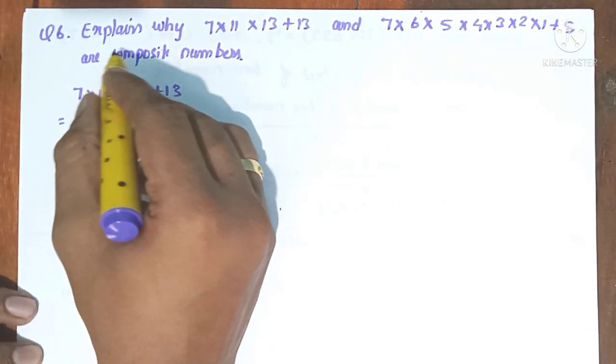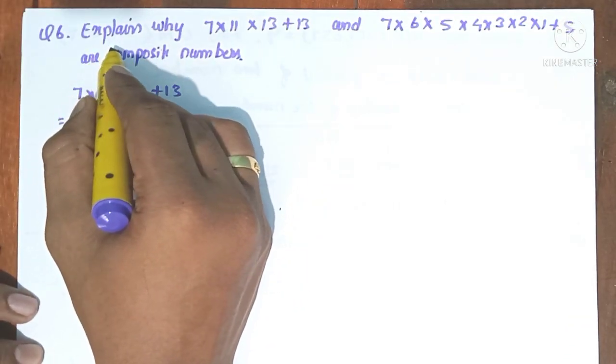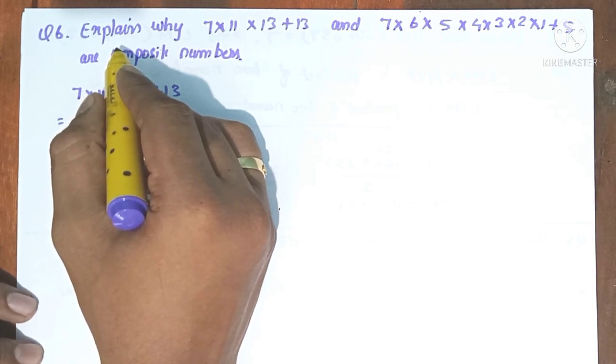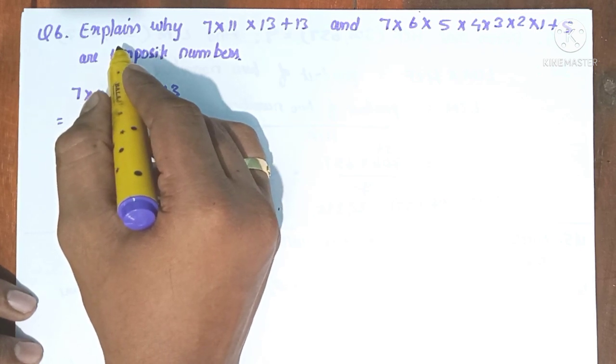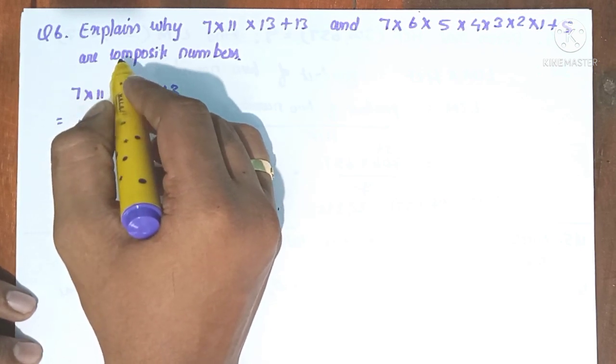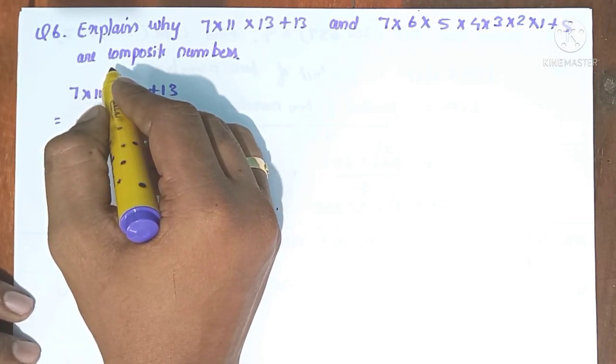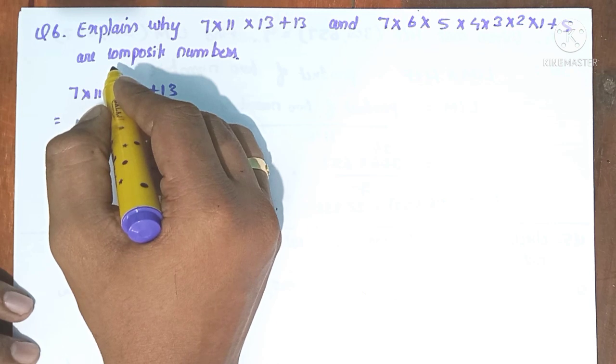Okay, now let's see question number 6. What is the question? Explain why 7 into 11 into 13 plus 13 and 7 into 6 into 5 into 4 into 3 into 2 into 1 plus 5 are composite numbers. So what are composite numbers? Numbers which are having more than two factors are known as composite numbers.